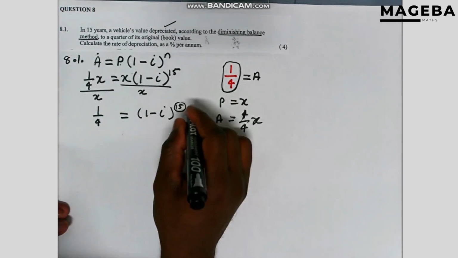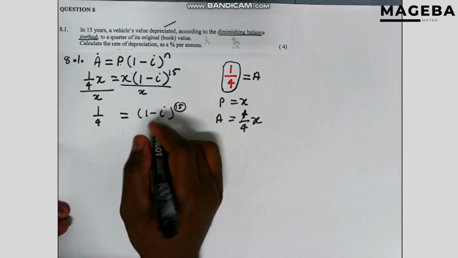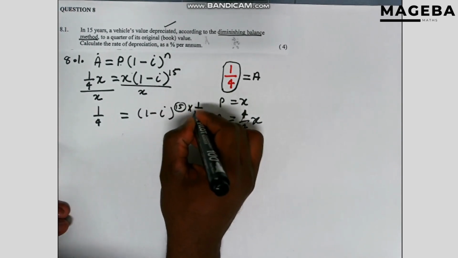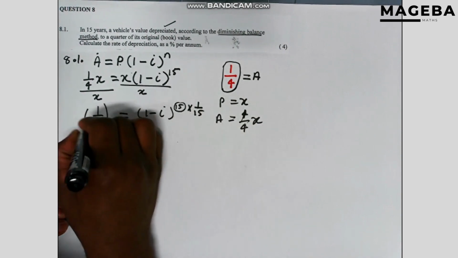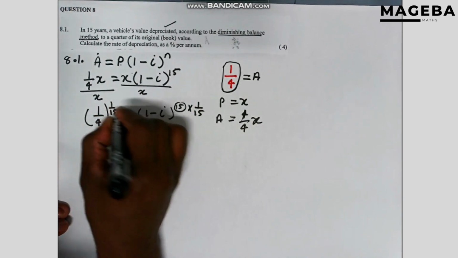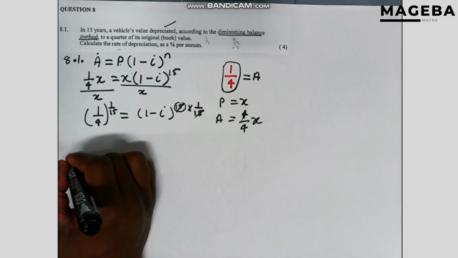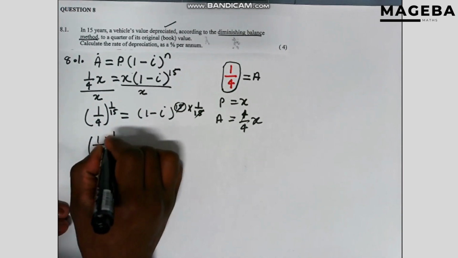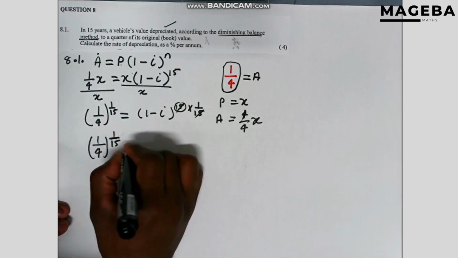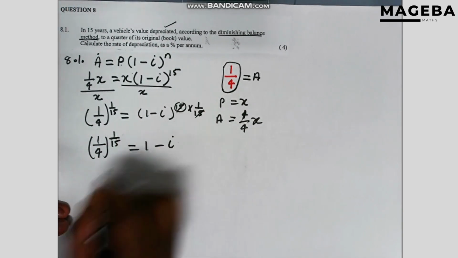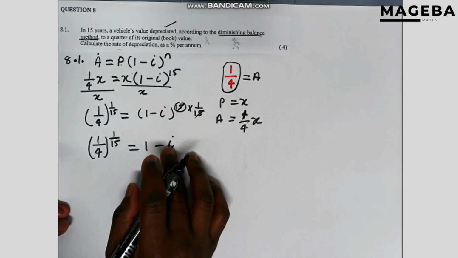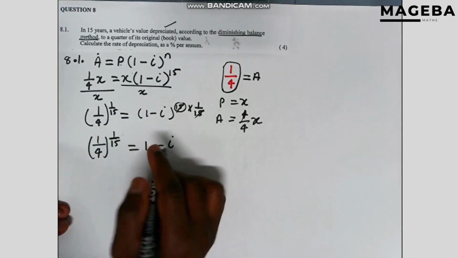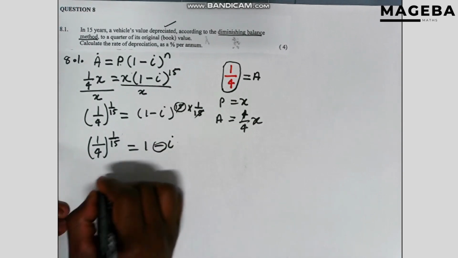It's either I raise both sides to the reciprocal power, or let me just do it like this: the power of 1 over 15 on both sides, and then this 15 goes with this 15. Then I'm going to have 1 over 4 to the power of 1 over 15 equals 1 minus i. And then from here I'm looking for i. I'm just going to take i to the other side and take this to the other side, just to change the sign of the i.